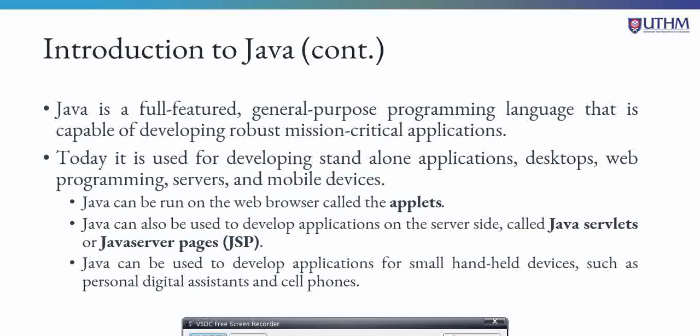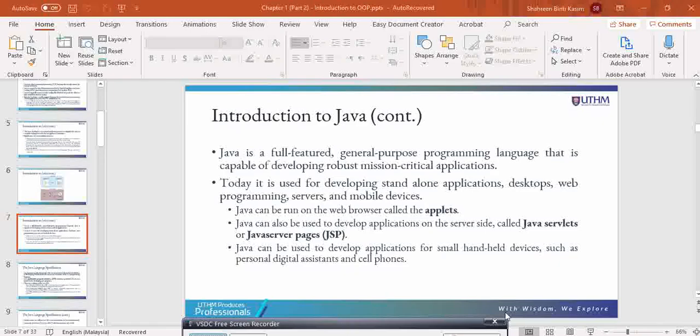If you develop web-based applications, there are two options that you can consider. The first one is to create what we call an applet. Java can be run on the web browser as an applet. Take this simple example of hello world.